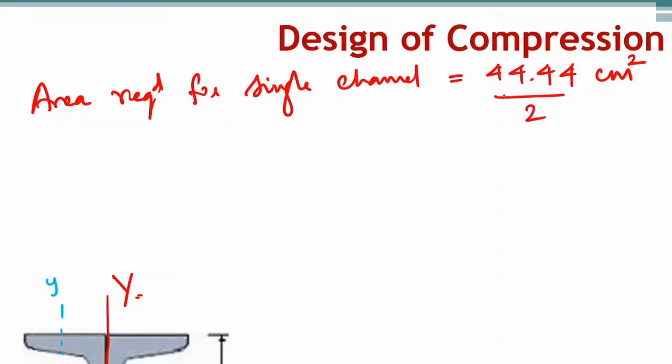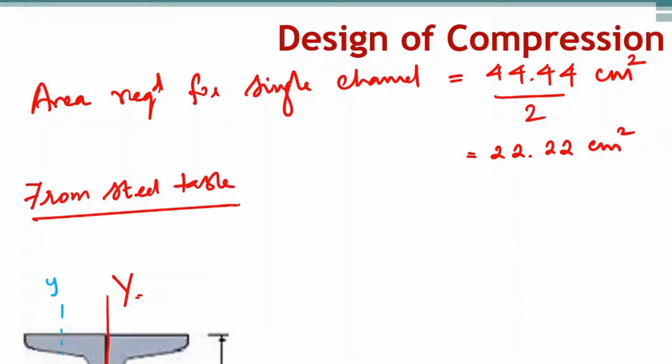For a single channel, I require an area of 22.22 centimeters square. So from steel tables or any other relevant code, I have to select a channel which has area more than 22.22.